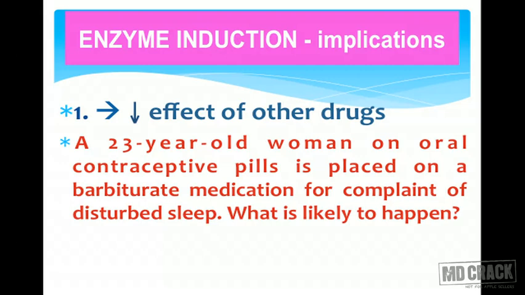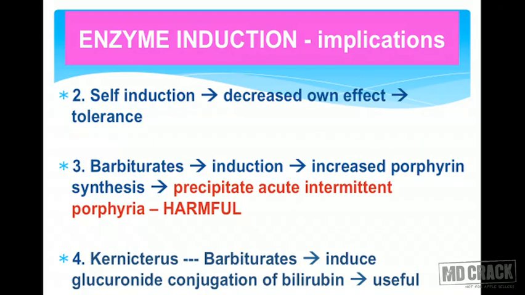So the oral contraceptive will get metabolized fast and it will not achieve its required blood level to produce the contraceptive effect. This woman is likely to become pregnant in spite of taking the oral contraceptive pill. This is a wonderful drug interaction. And this is why when a woman is receiving oral contraceptives, she is not supposed to take barbiturate medication or any other inducer medication.